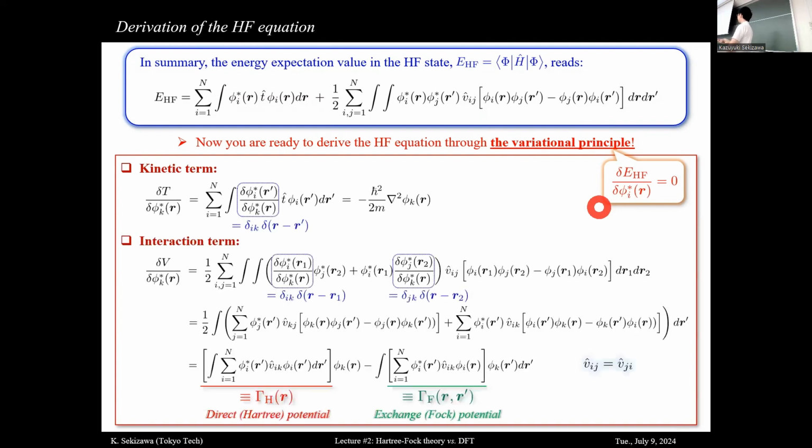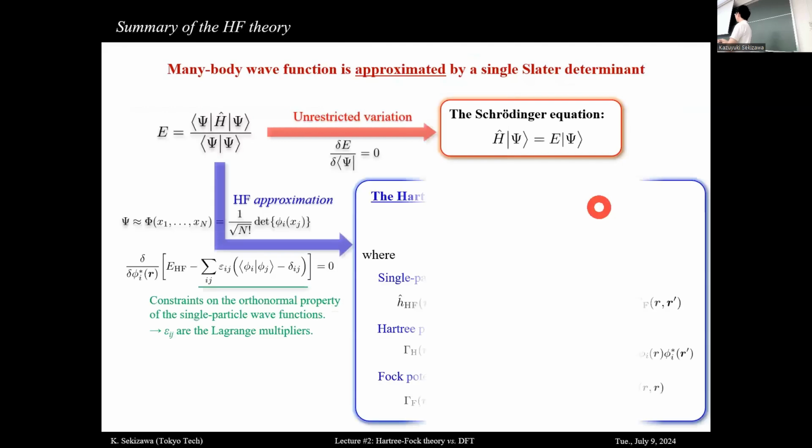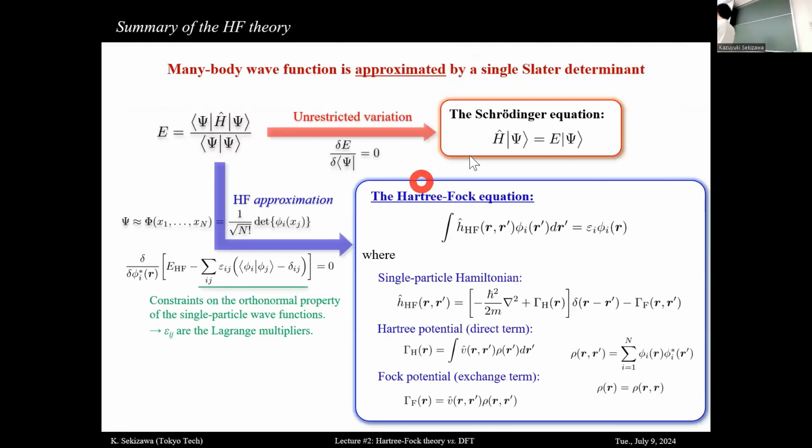And after some calculations, we could derive the Hartree-Fock equation, which is an integro-differential equation. It contains the direct term, which is a kind of one-body mean field potential, and the Fock or exchange term, which is a non-local mean field potential. And we solve this equation numerically and iteratively to get the self-consistent solution.